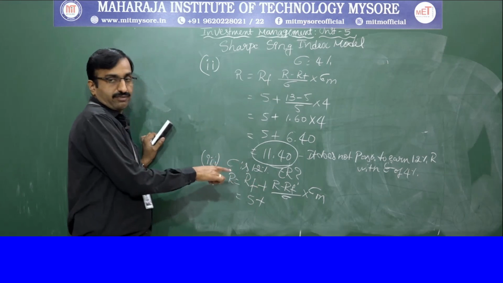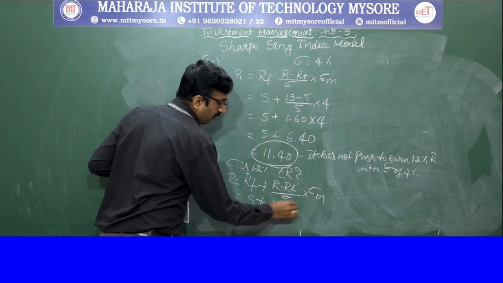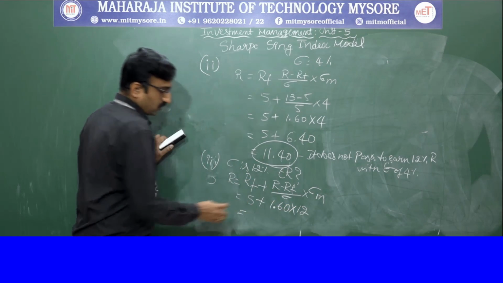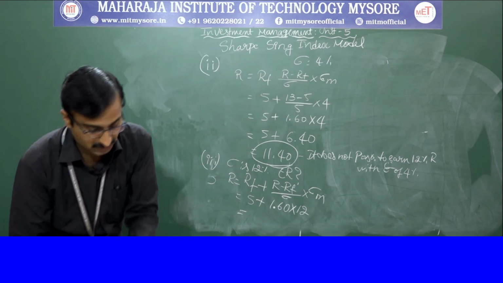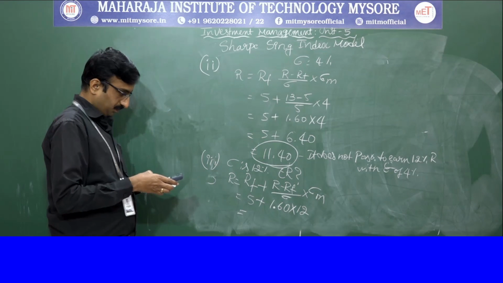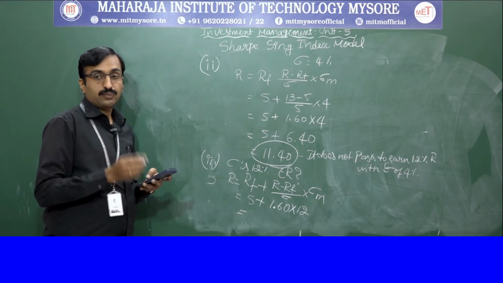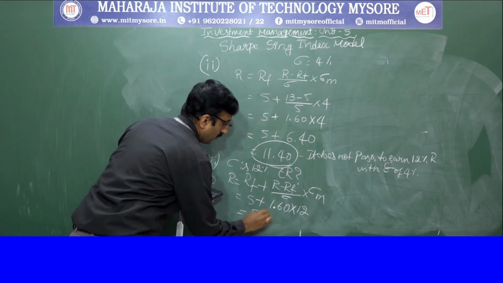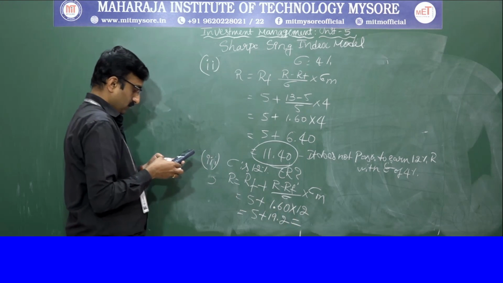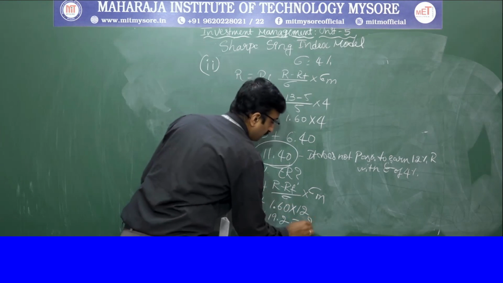For R minus RF over standard deviation, the best one we have to consider is 1.60, which we have already calculated. Into 12%, do the calculation: you will get 19.2. 5 plus 19.2 is equal to 24.2.